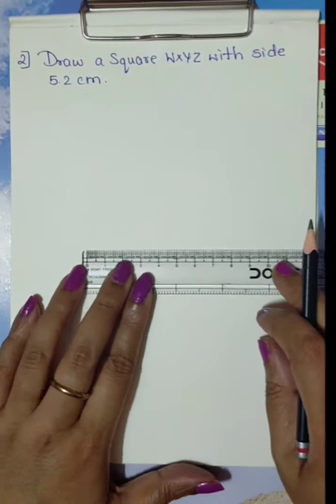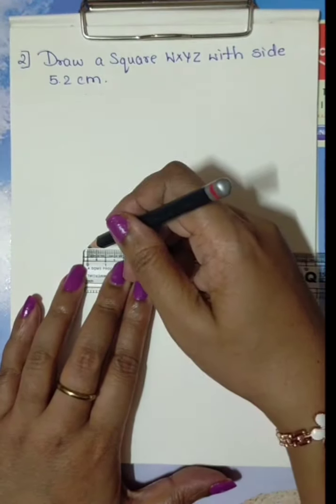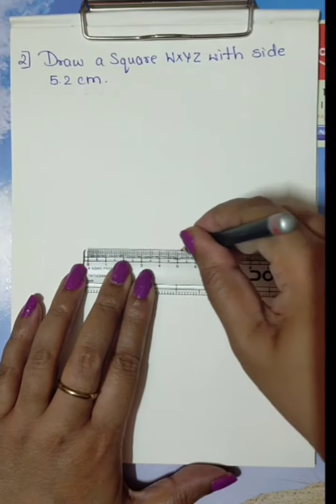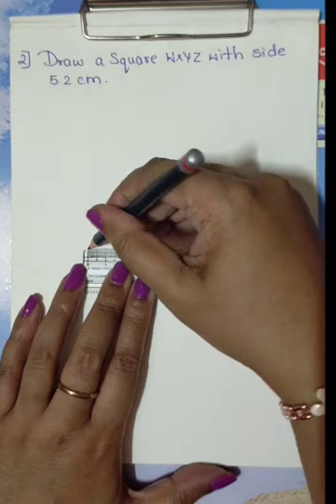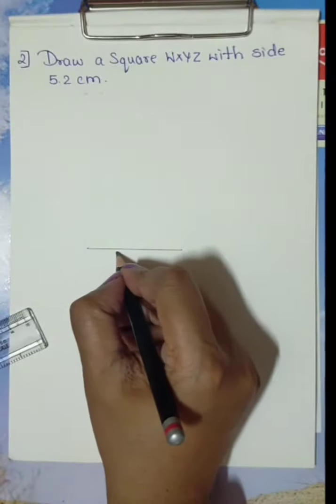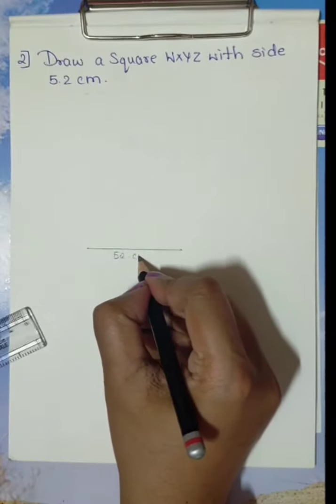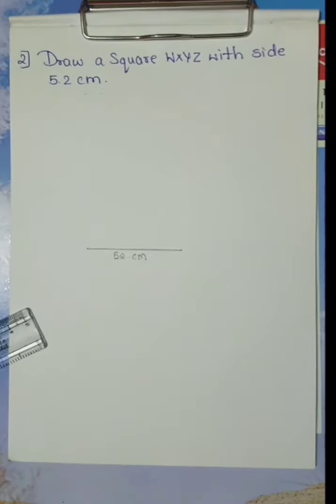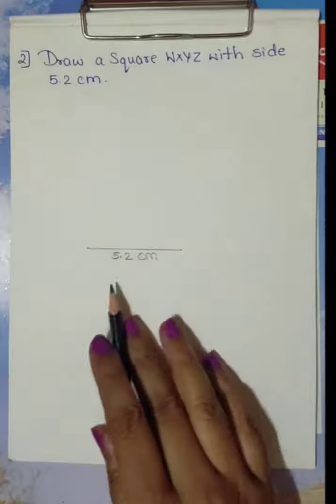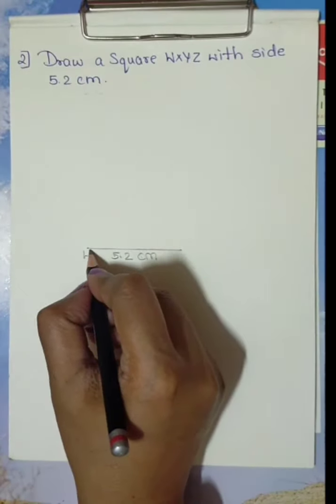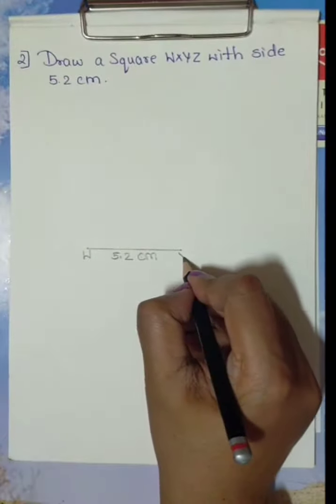So we'll take 5.2 centimeter with the help of scale. Okay, this is our 5.2 centimeter. So this is our 5.2 centimeter. Now this is our W and this is our X.